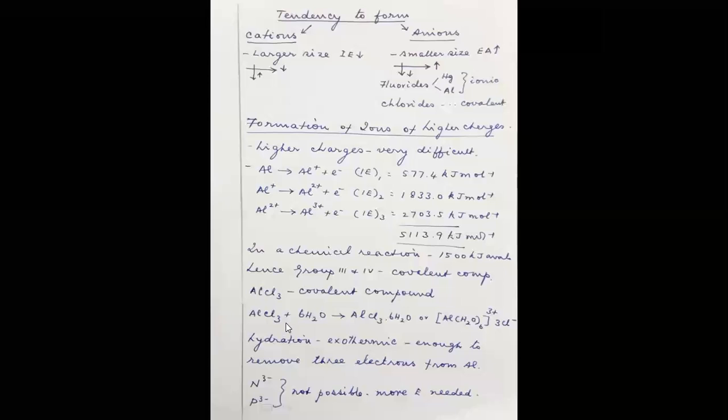But in this particular reaction, you can do it at home. You can take anhydrous aluminium chloride and add water. You can see the hydration is a highly exothermic process, very highly exothermic.